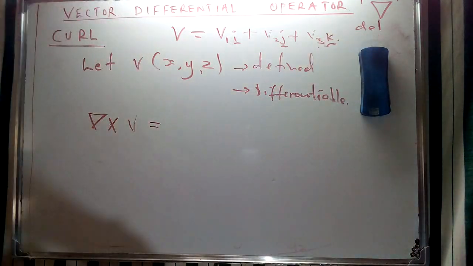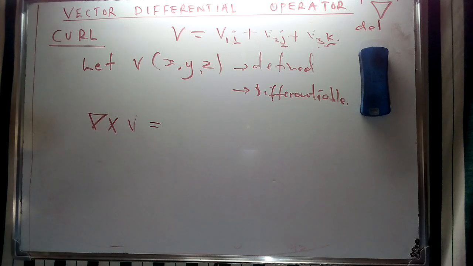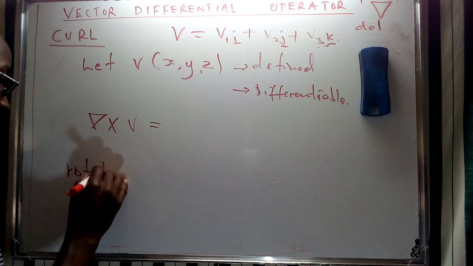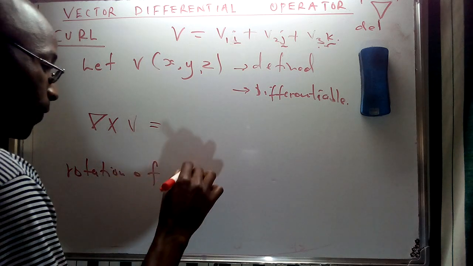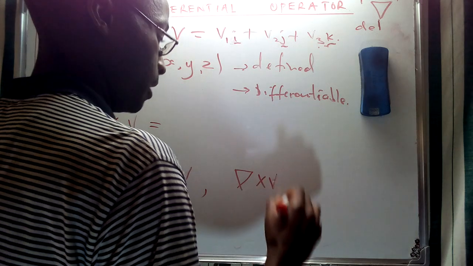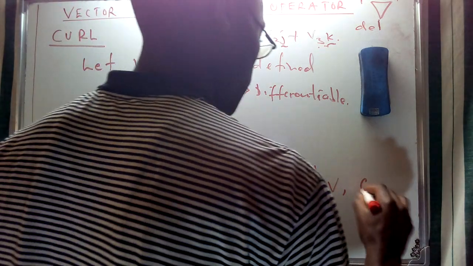So if we have this specific concept for del and v, then del cross v defines what we refer to as a curl, or sometimes we refer to it as the rotation of v.